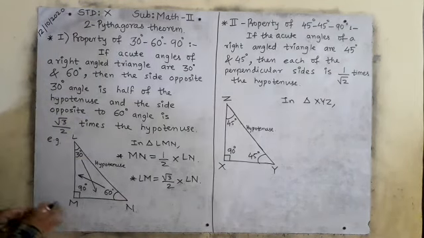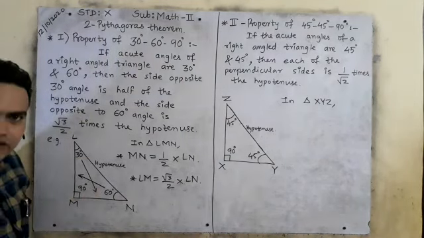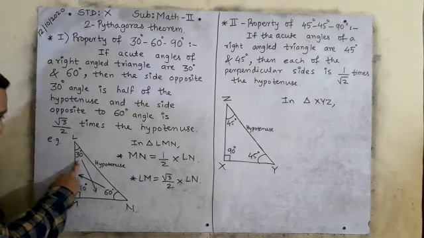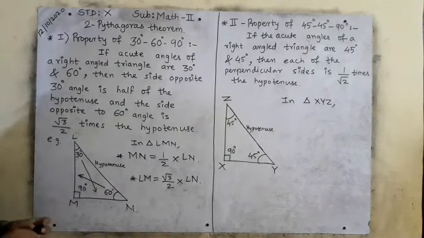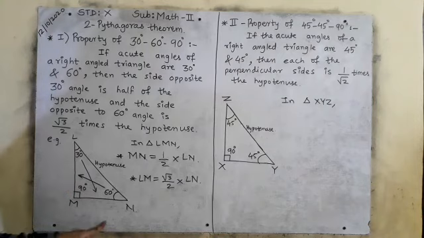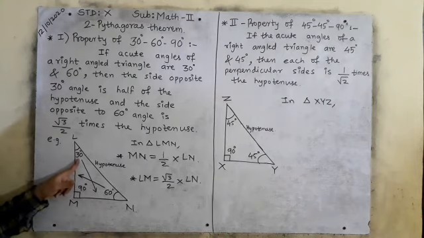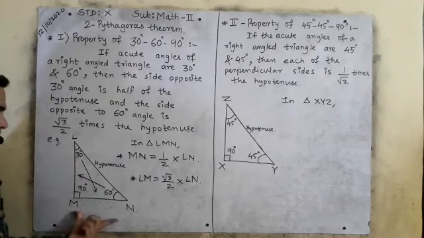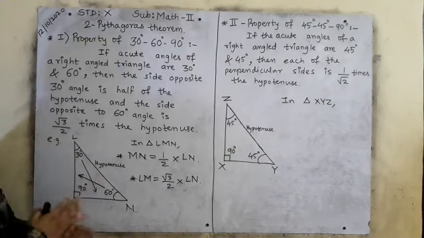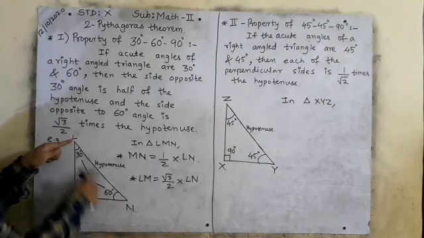It is a right angle triangle and two angles are acute angles. One is of 30 degree, one is of 60 degree. So the side opposite to 30 degree angle, that is MN, will be half of its hypotenuse LN.